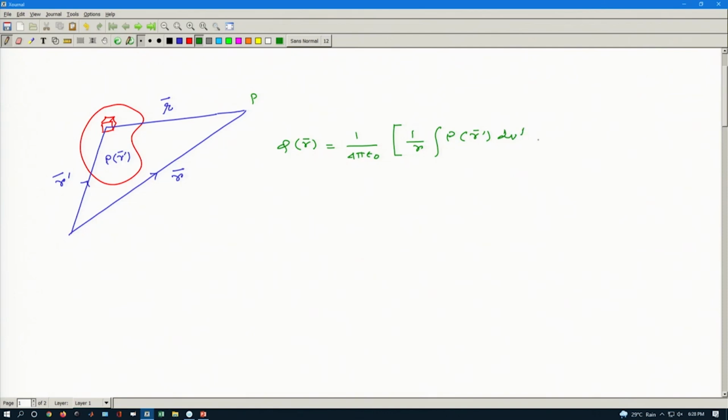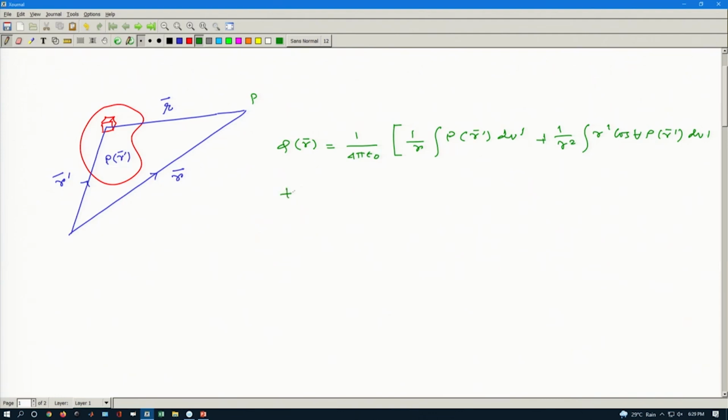That was the first term. The second term was 1 by R square, then the integration of R prime cos theta rho R prime dv prime.